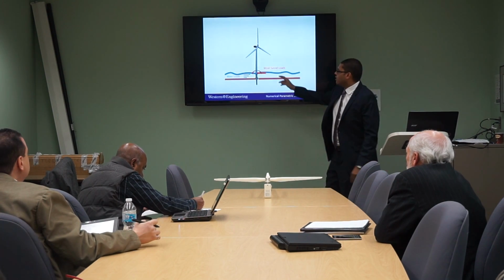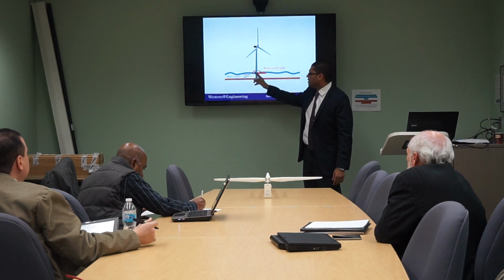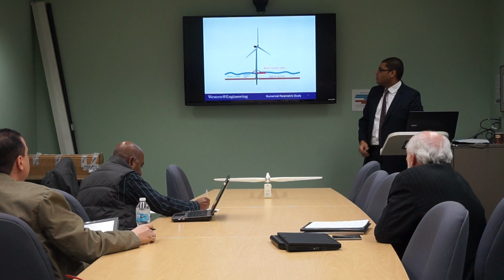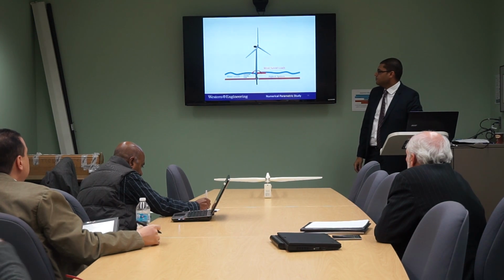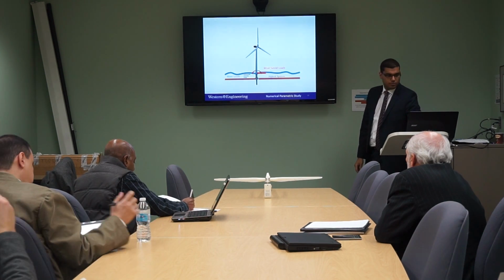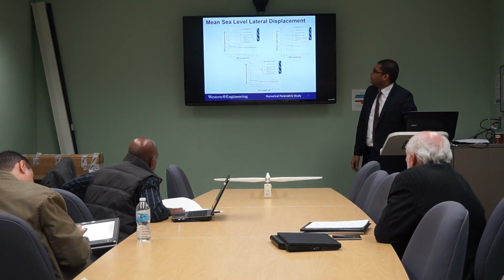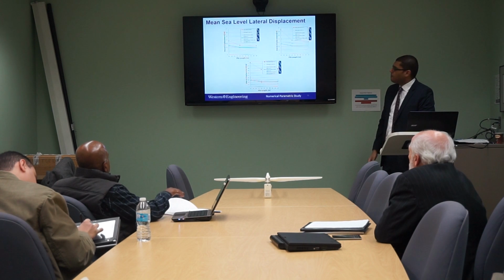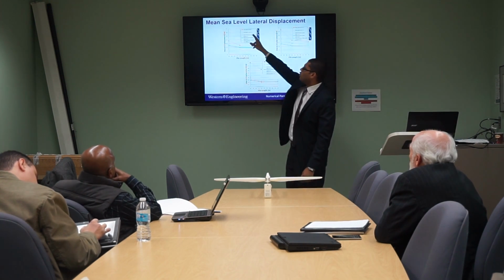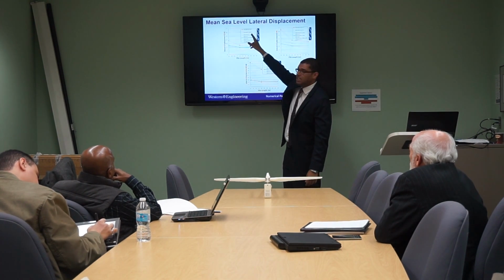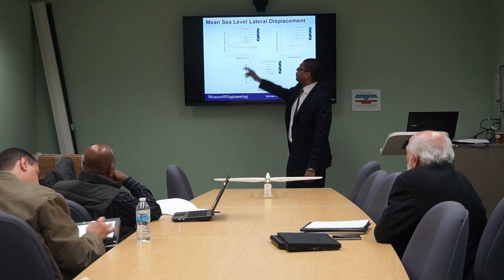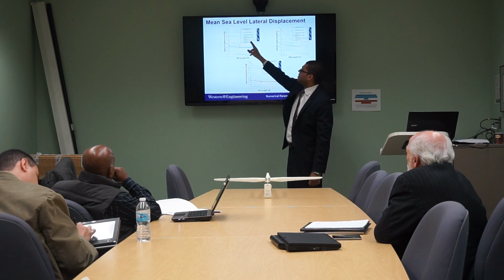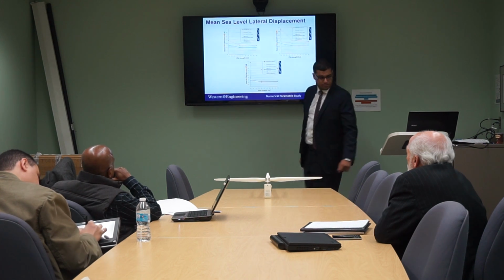After we got the wind turbine loads and wave loads, we started our parametric study to see the performance of the system. We have studied the mean sea level lateral displacement for different foundation systems: monopile diameter 4 meter, monopile diameter 6 meter, hybrid system with blade diameter 12 meter, hybrid system with blade diameter 16 meter, and hybrid system with blade diameter 12 meter with ribs.